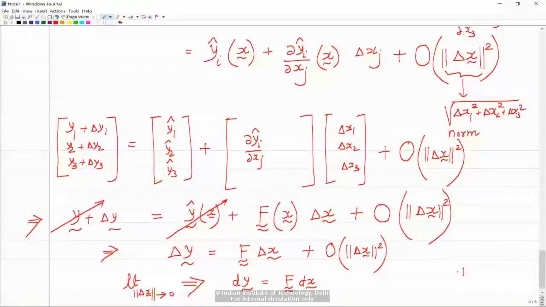Right? So compared to delta x, you can neglect the quadratic component and the higher orders, everything. So this O of delta x square contains all of them. When I say delta x square here, it also has cubic, quartic, all of them. So they all can be neglected in this limit.